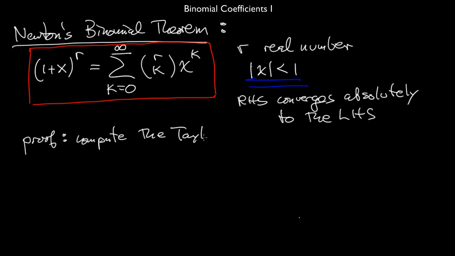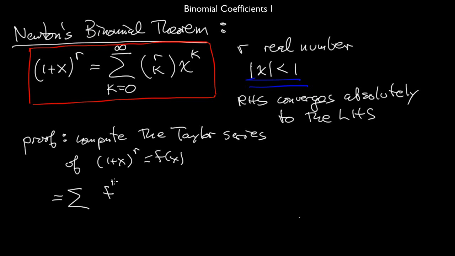So let's prove this theorem. Well, this is just the Taylor series of (1 + x)^r around x equal to 0. So I'm saying that if you take the function f(x) = (1 + x)^r, this has an infinite power series expansion, the kth derivative of f at 0 over k factorial times x^k. That's the Taylor series. And what is the kth derivative of f?